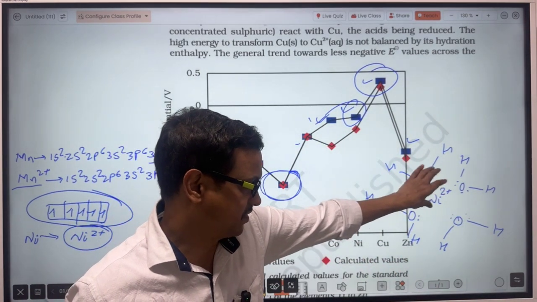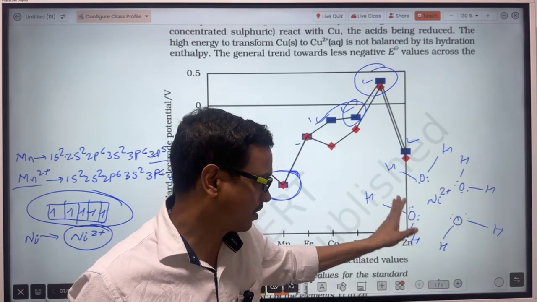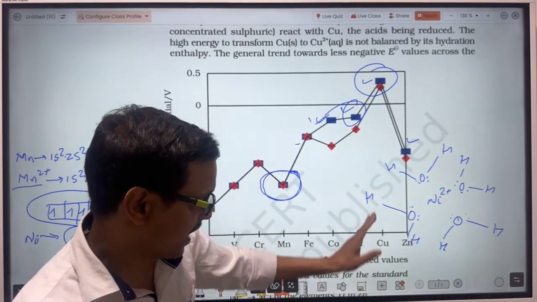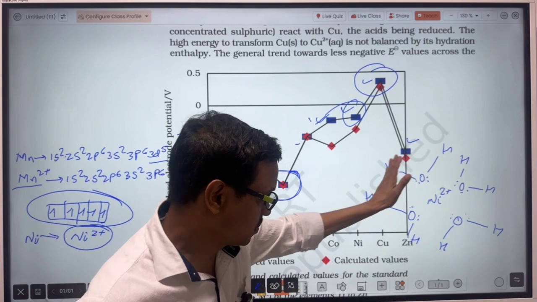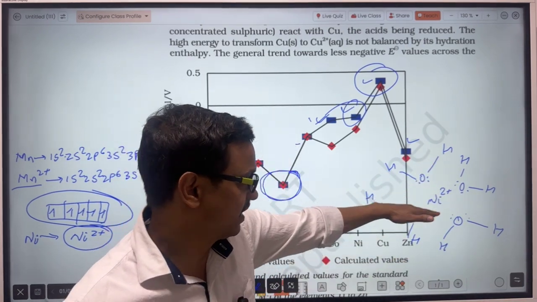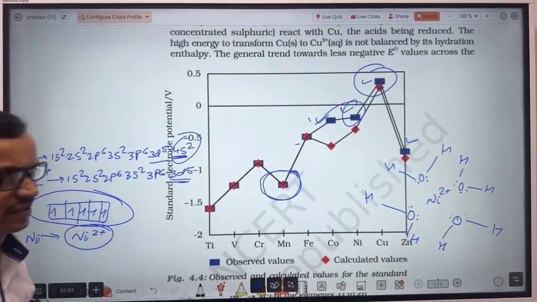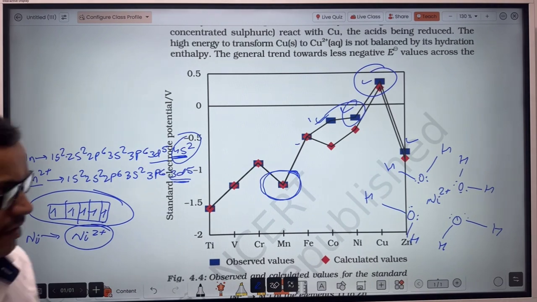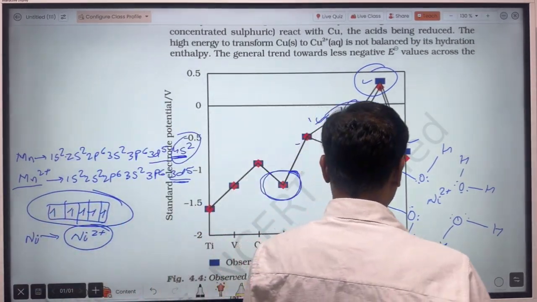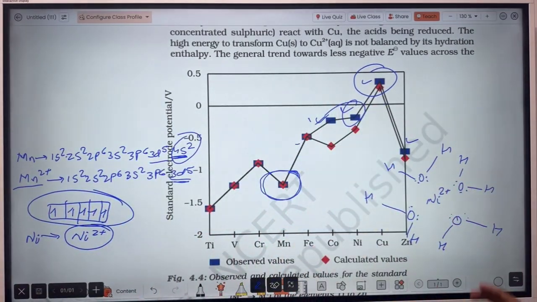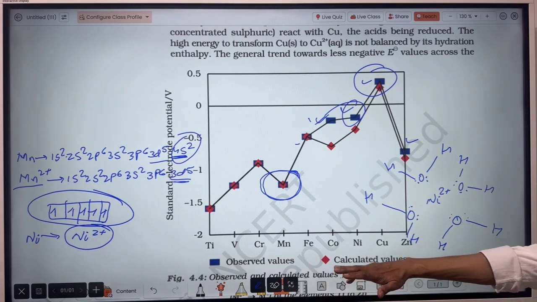When Ni2+ is surrounded by water molecules, a high magnitude of heat energy is released. That means the hydration enthalpy of Ni2+ is highly negative.